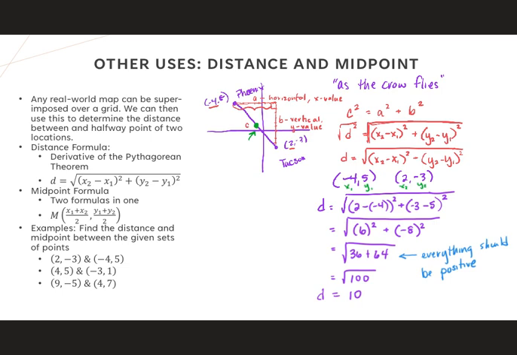So let's say I want to look for the midpoint. Now, the midpoint formula isn't hard because it is a bunch of crazy calculations. The midpoint formula is tricky because it's actually 2 formulas. You have a formula for the x value and you have a formula for the y value. And the reason this gets tricky is because there's a comma here.